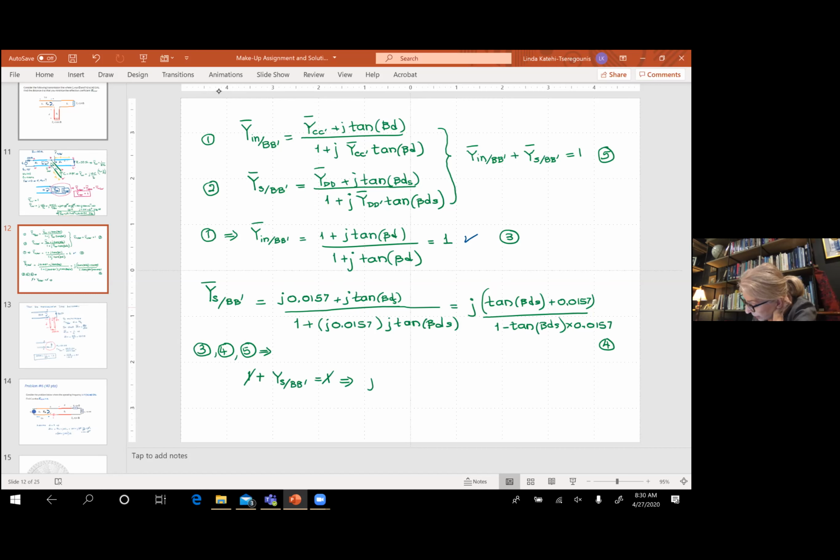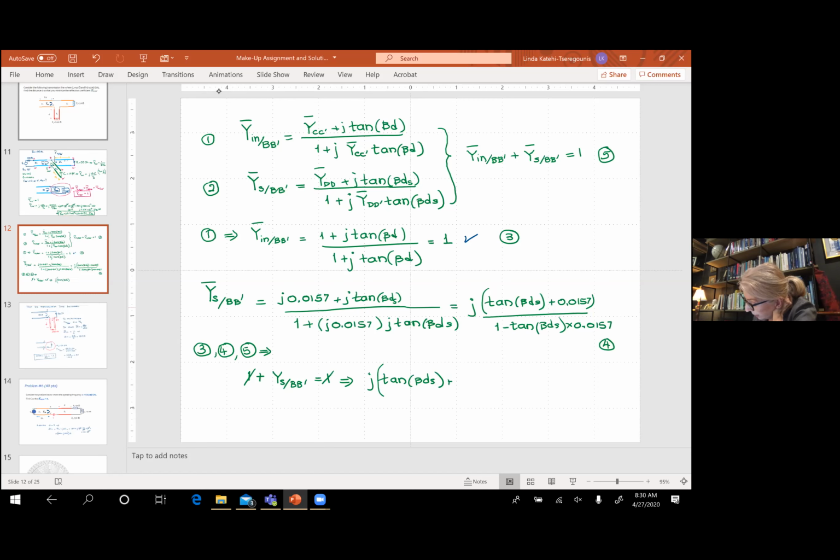So we want J tangent beta ds plus 0.0157 divided by 1 minus tangent beta ds times 0.0157 to be 0.